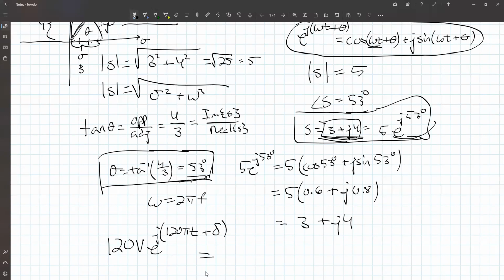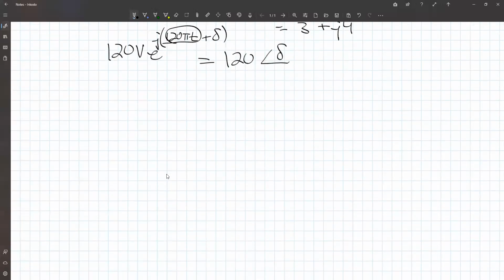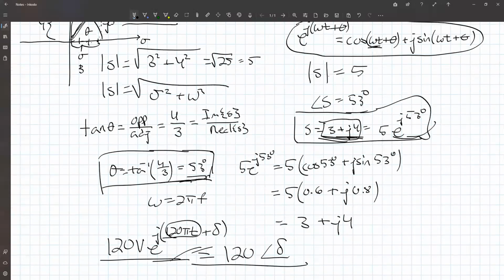So sometimes you'll see it written like this, 120 at an angle delta, where what we've dropped is the radial frequency. If everything is the same frequency, then this is fine. We can do our phasor math this way and nothing's going to be affected. But if we have different frequencies, then we cannot do our math in this form. We need to keep it in this polar form or the rectangular form. But that doesn't even really apply to this class, so I don't know why I said that. Apologize.